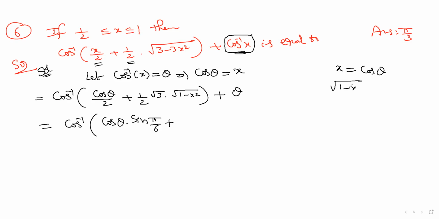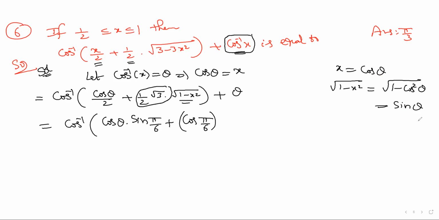Root under 1 minus x square is root 1 minus cos square theta, which becomes sin theta. Here root 3 by 2, where we write cos pi by 6, into root 1 minus x square, whose value we have got as sin theta, plus theta.